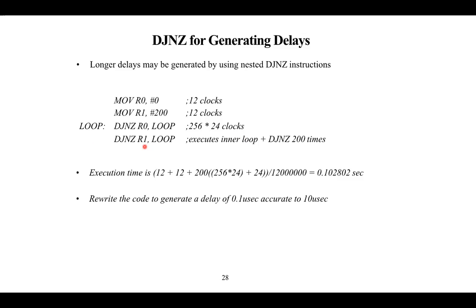Then DJNZ R1, loop executes the inner loop plus DJNZ 200 times. Therefore, total execution time is 12 plus 12 plus 200 times (256 times 24 plus 24), divided by 12 MHz, which is about 0.102802 second.